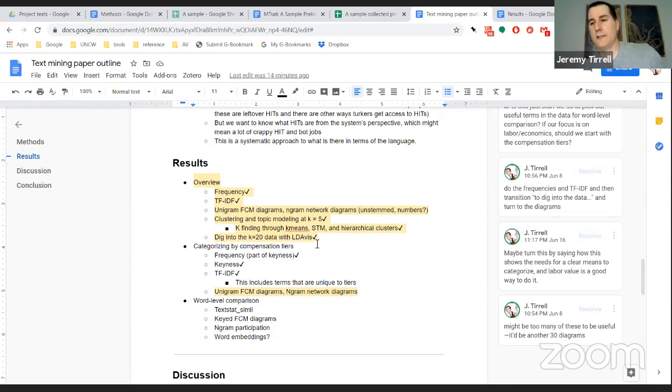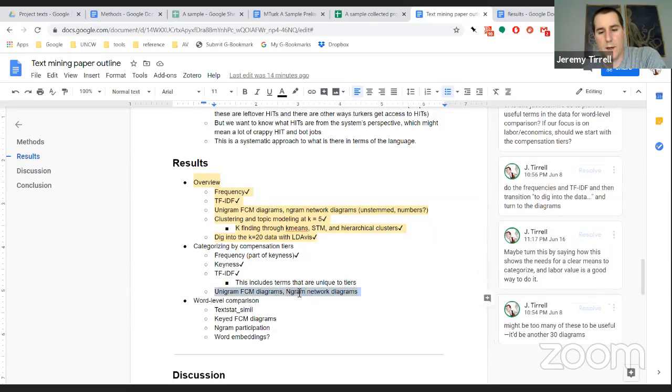And it kind of transitions. This is looking at the data as a whole, right? The second grouping is looking at it categorized by compensation tiers. And we do, of course, some of the same things. Frequency, TF-IDF, mainly keyness, because that's going to be specific to categorization. It's kind of the characteristic thing of categorizing.